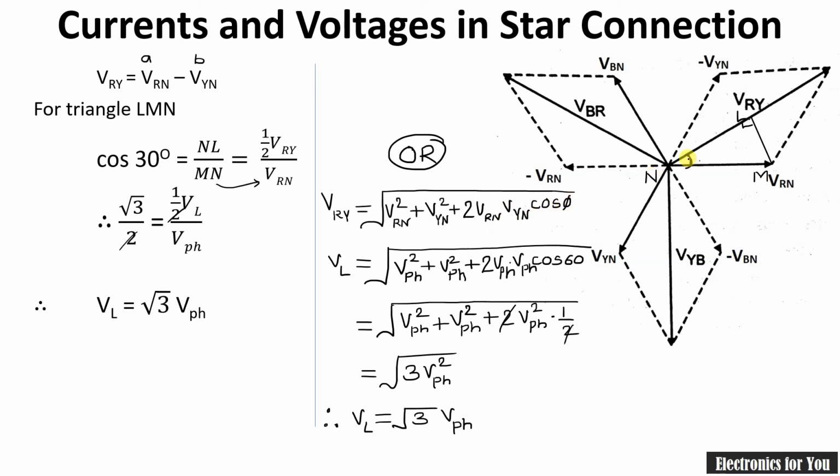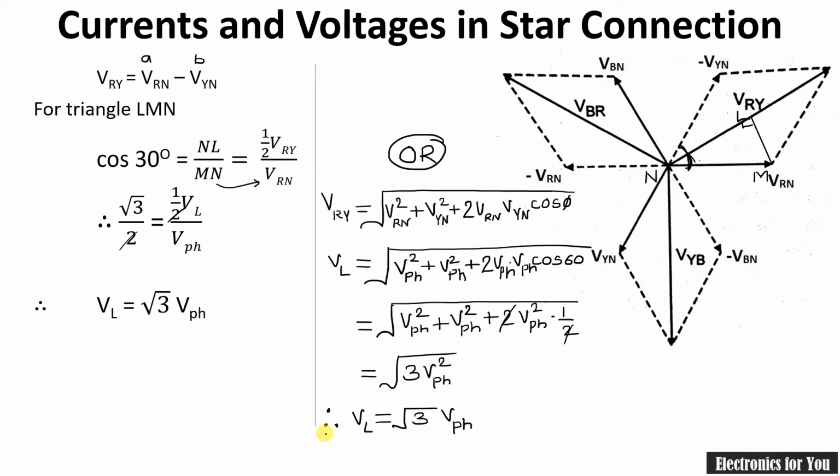Now in this case, VRN and VYN are both VPH here, and therefore we are putting phase voltages here, then twice the phase voltage product, cos 60 degrees here, because this angle is the angle between VRN and minus VYN, which is actually 60 degrees, therefore putting cos 60 here, which equals half. Now this 2 and this 2 will get cancelled, and we will get VL equals root 3 times VPH.